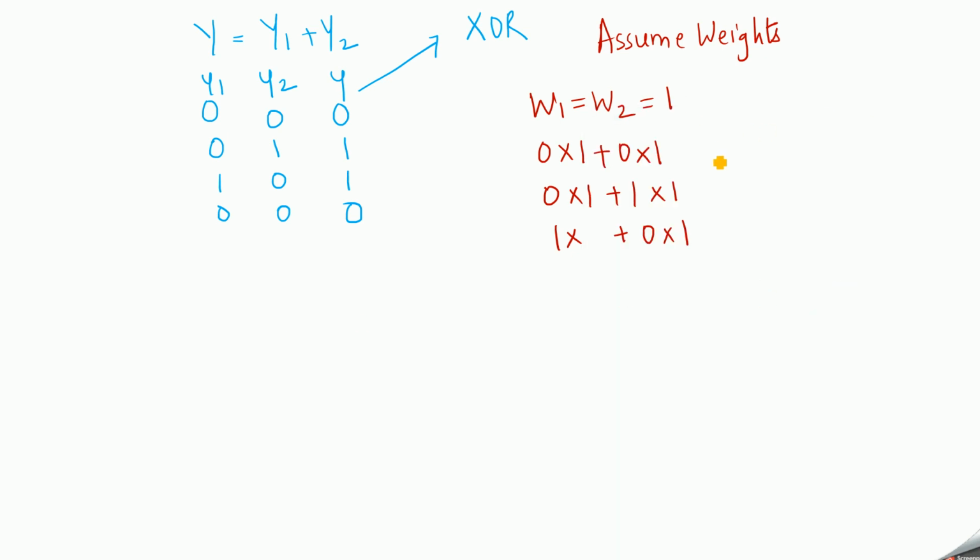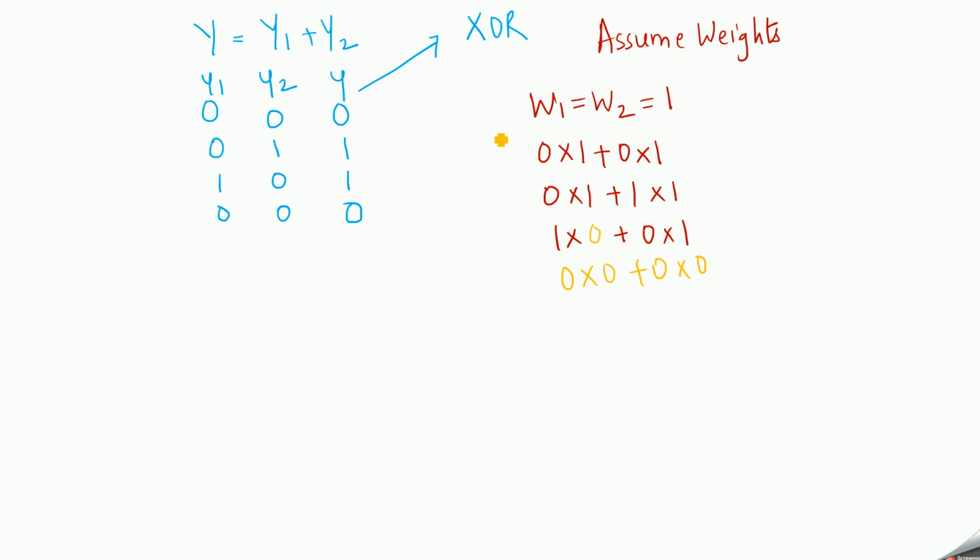Okay, so 1 into 0 plus 0 into 1 and 0 into 0 plus 0 into 0. So keep in mind for part A and part B, we take actual values of A and B for multiplying with the weights. But when it comes to multiplying with y1 plus y2, we consider these values of y itself.